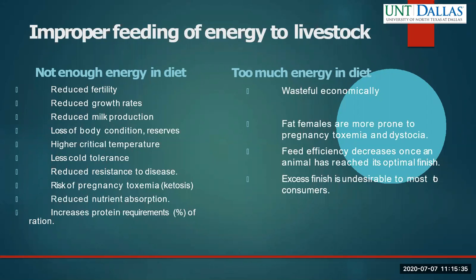If there is too much energy in the diet, that may be economically wasteful. Fat females are more prone to pregnancy toxemia and dystocia. The feed efficiency decreases once an animal has reached its optimal finish, and excess finish is undesirable to most consumers. So those are the effects caused by too much energy in the diet.